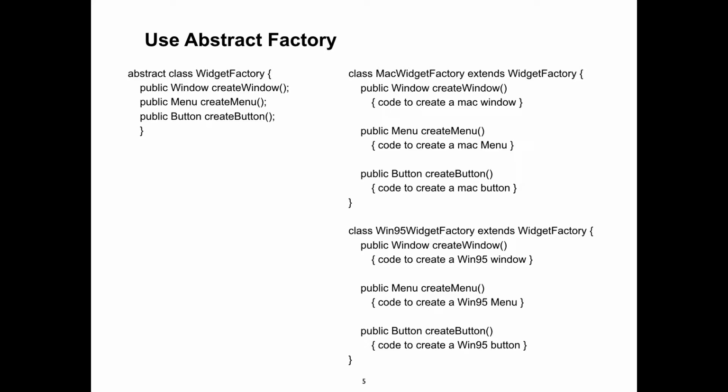And so then what the Abstract Factory does is we create a class that will create all the components we need. Right? So a window, a menu, a button, right? And then we subclass this factory for the Mac platform, the Windows platform, the Linux platform, right? And then, of course, you do whatever you have to do to create those objects.